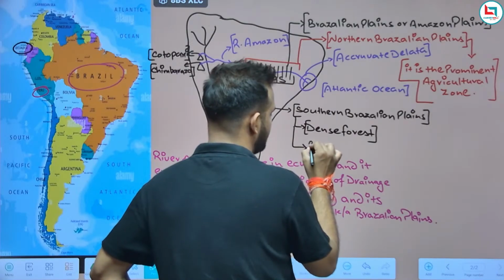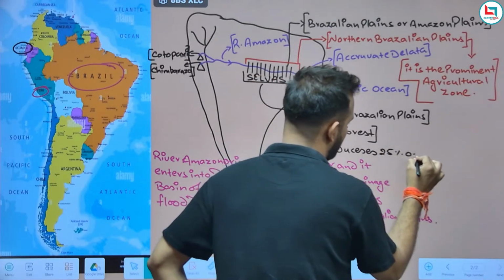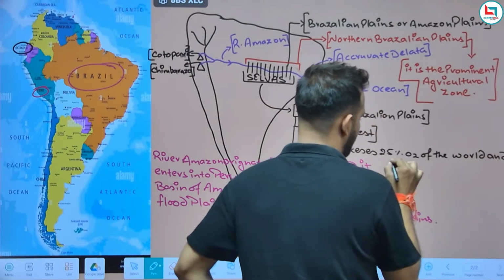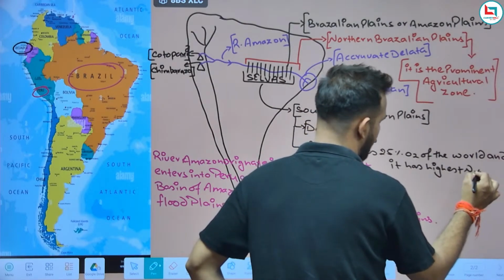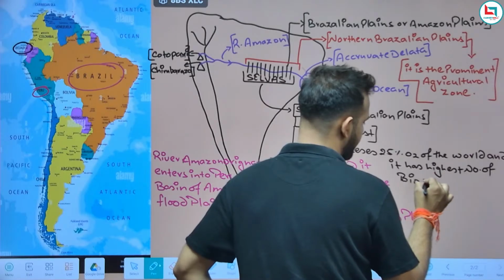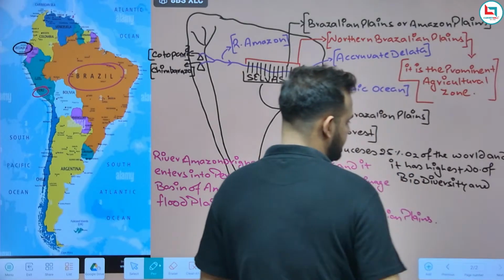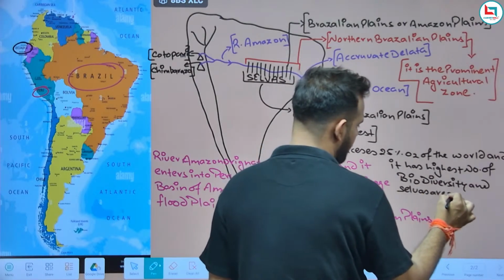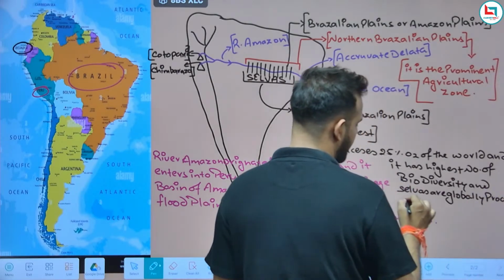They produce 25% of the world's oxygen, and they have the highest biodiversity, and selvas are a globally protected area.